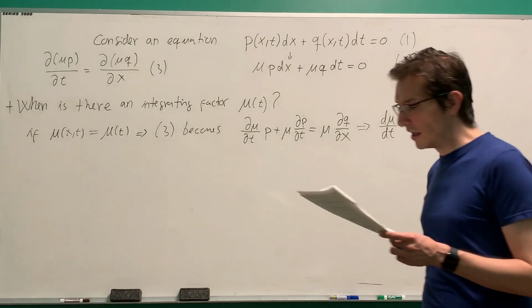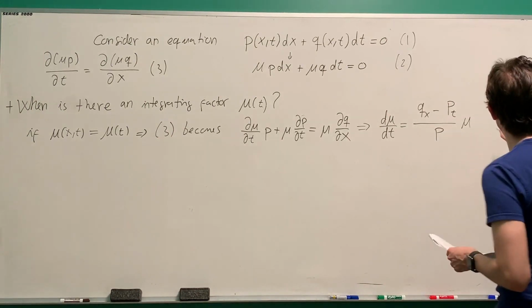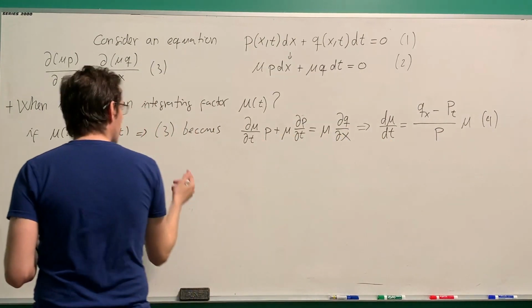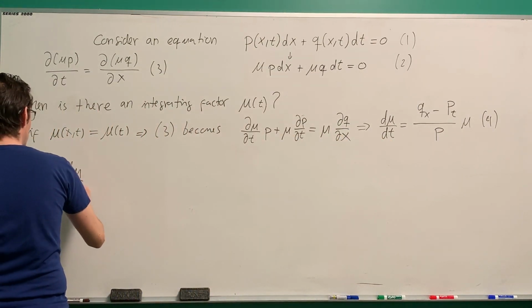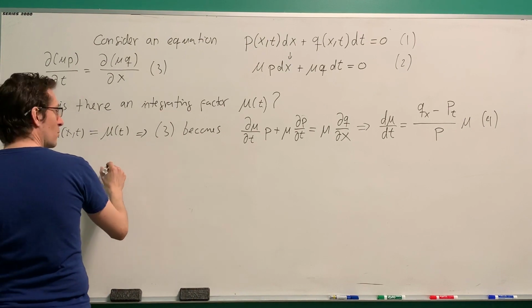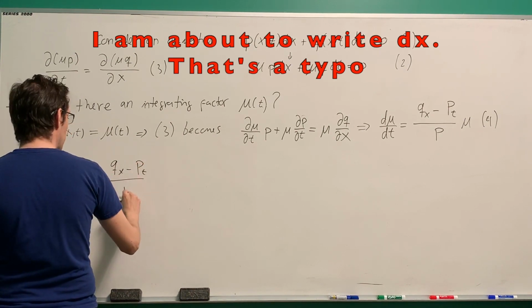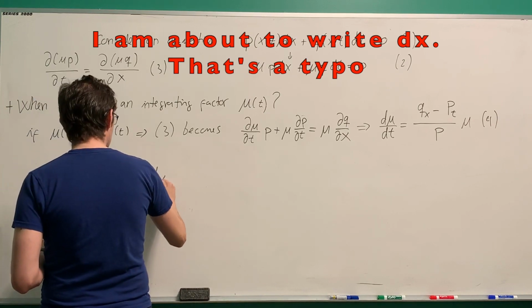All right. So again, this equation, let's call it 4, is a separable equation, same as before, and we can solve it. We get that d mu divided by mu equals (qx minus pt) divided by p dx.